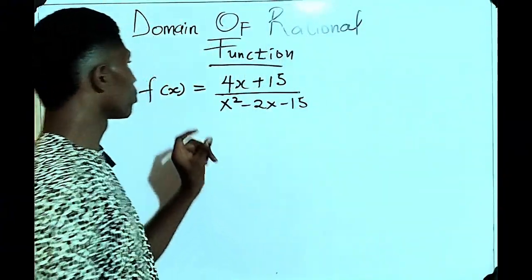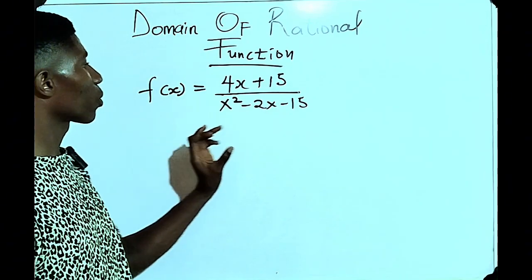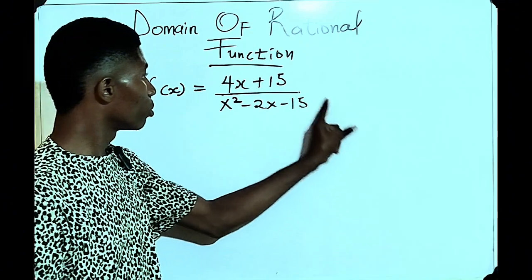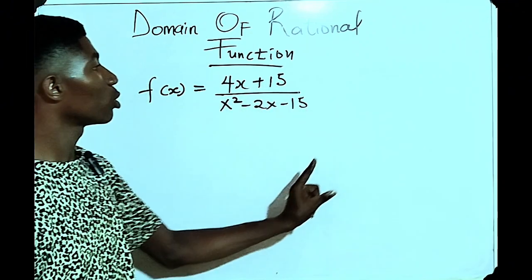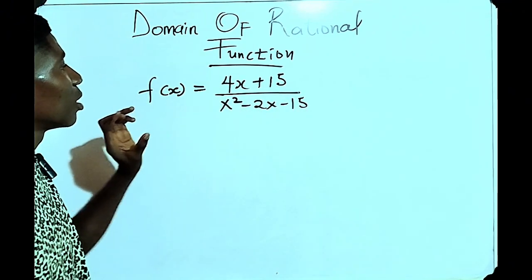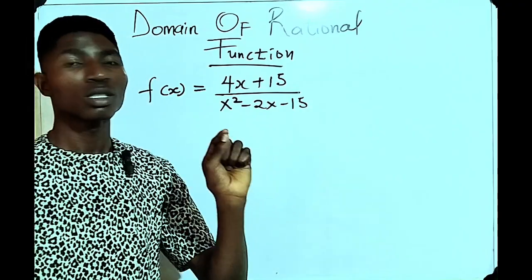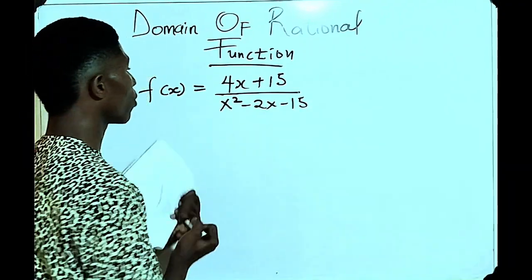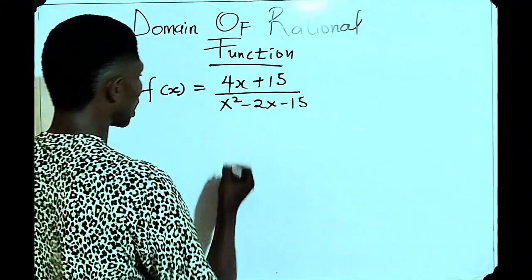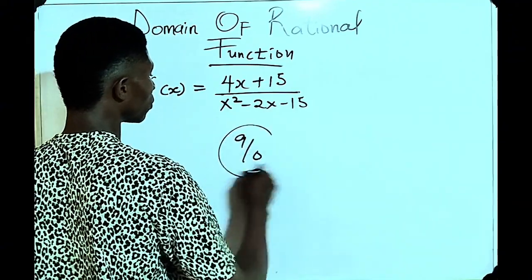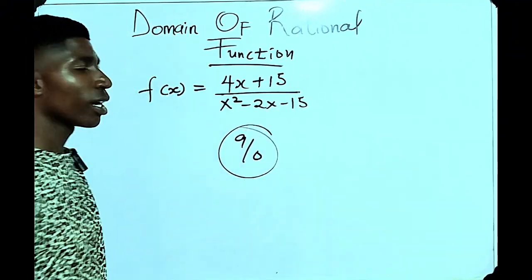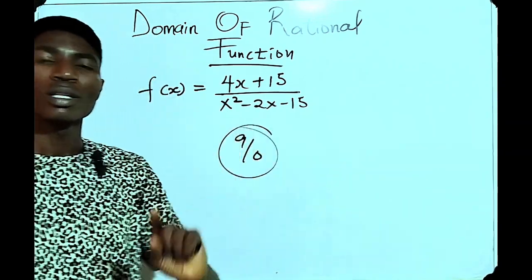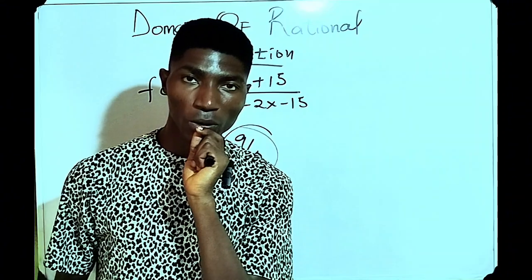That is, we are going to focus on our denominator, because what will make this function undefined is when the denominator is equal to 0. Once we have an expression like a over 0, this function is undefined. Hence, our focus is to make sure our denominator is not equal to 0.